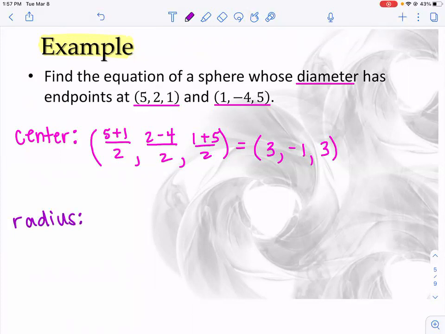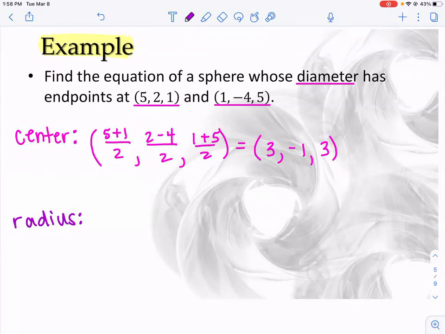We can find the distance from endpoint to endpoint, and that would be considered our diameter. Or we can find the distance from center to endpoint, and that would be our radius. Which one would you like to do?